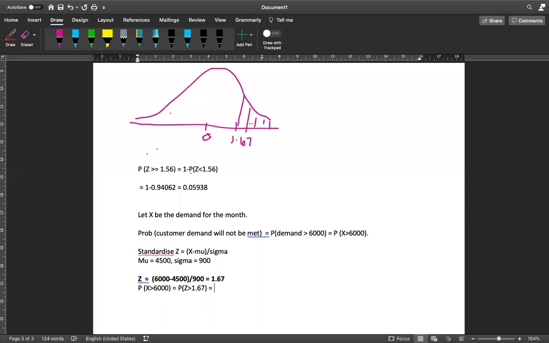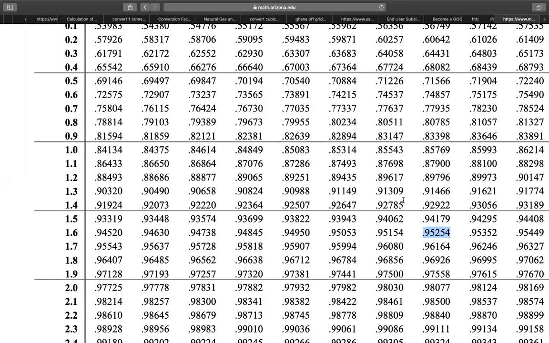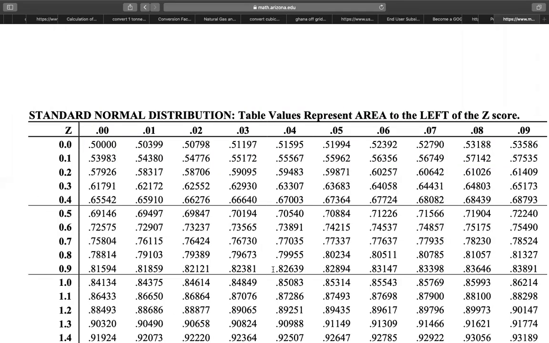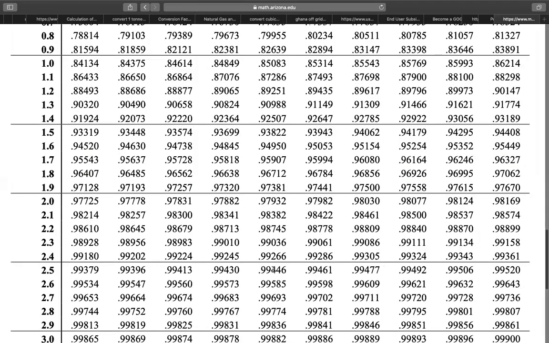Yes, sir. Okay, so what you have given is actually this unshaded portion. Do you get it? If you are looking for the shaded portion, then it's actually this value, 1 minus 0.95254. So we subtract it from 1.